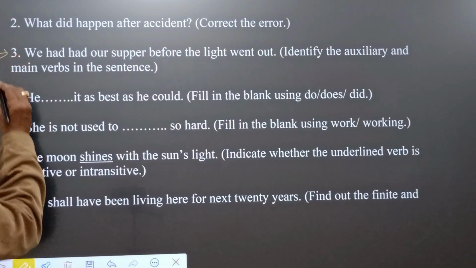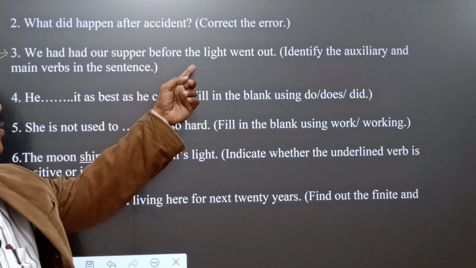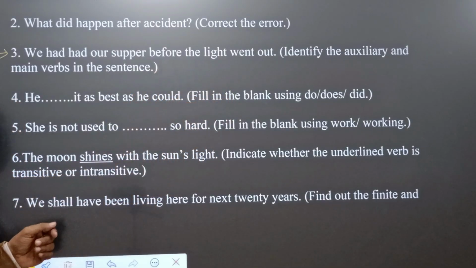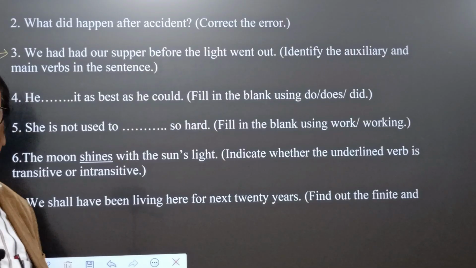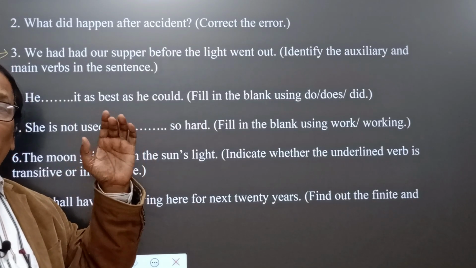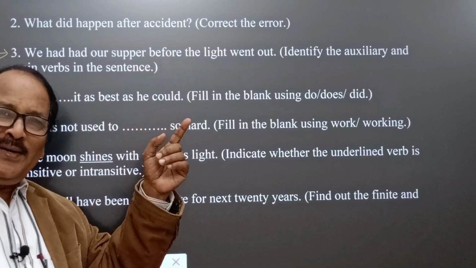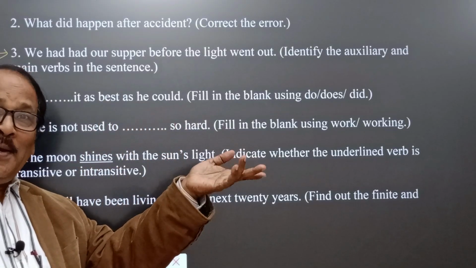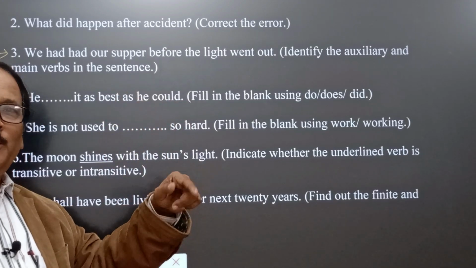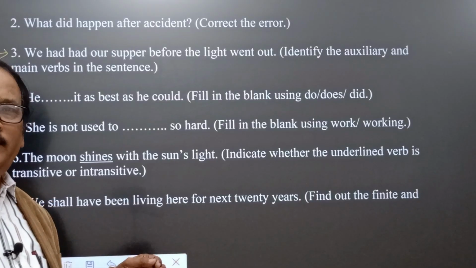Now, question number 3. We had our supper before the light went out. Identify the auxiliary and main verb in the sentence. Remember, there is a rule that whenever we want to express two past actions that happened one after another, for the past completed action, past perfect is used, and for the subsequent action, simple past is used.